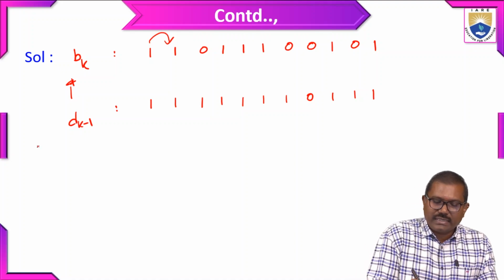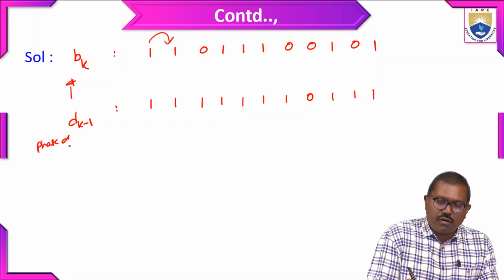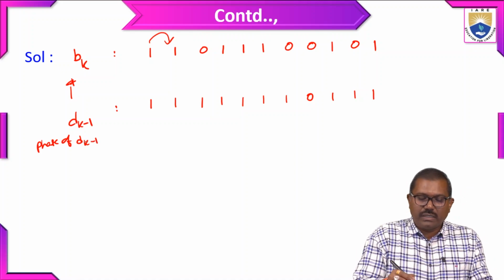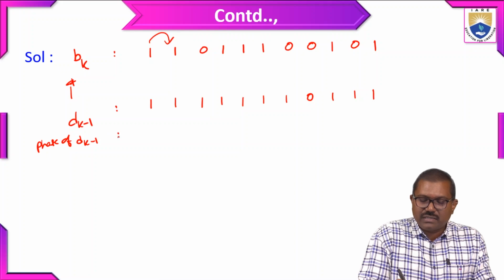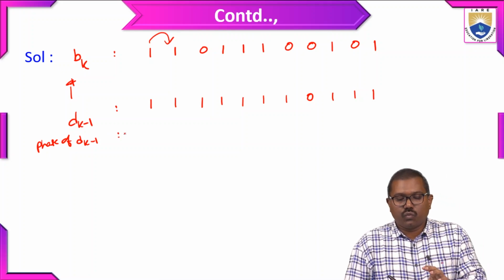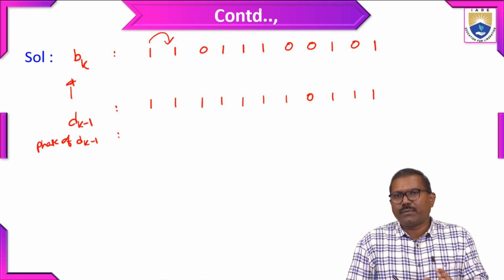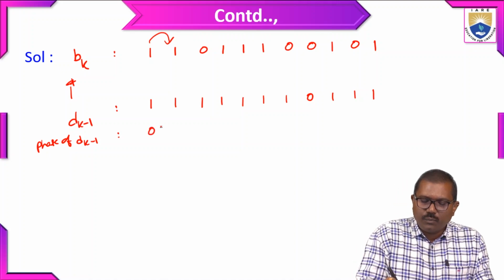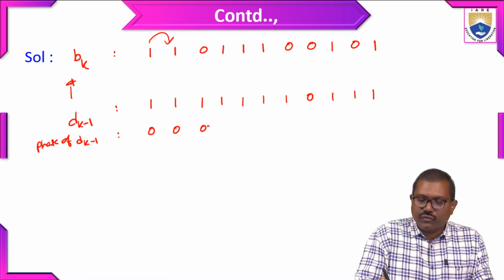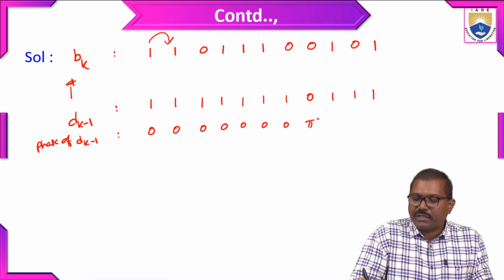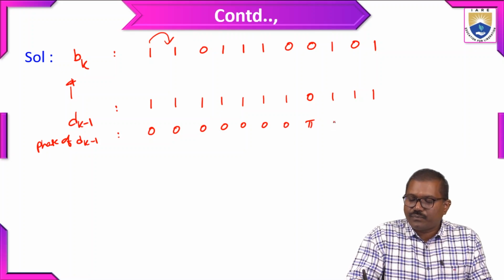Next, the phase of d(k-1). Here we have only two bits, either 1 or 0. For bit 1, I consider 0 phase. For bit 0, I consider pi phase.